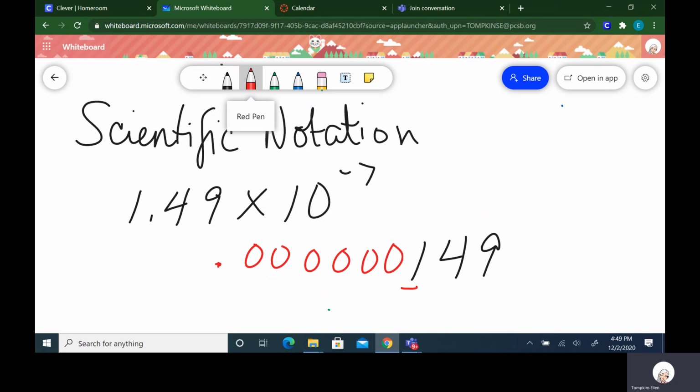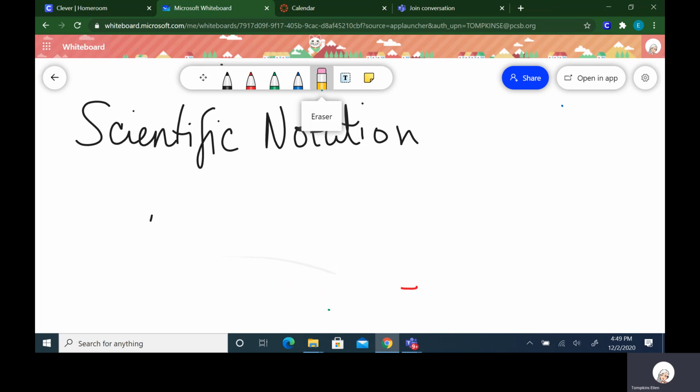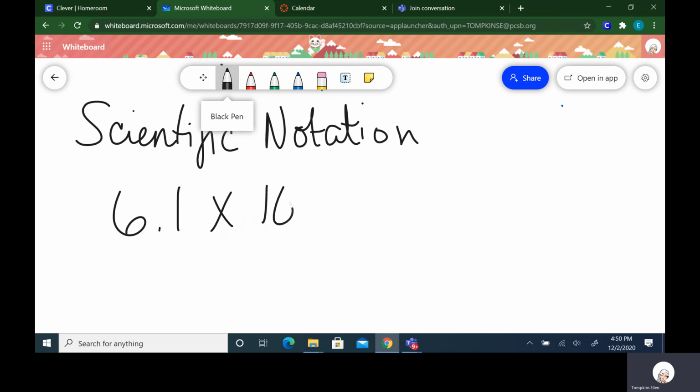Bam. All right. Now we didn't look at a large one, so let's do that as well. If I have 6.1 times 10 to the 4th, I know I'm going to need 6. And this point and this 4, I'm going to need 1, 2, 3, 4. So the 1 was here, and then my zeros drop in.